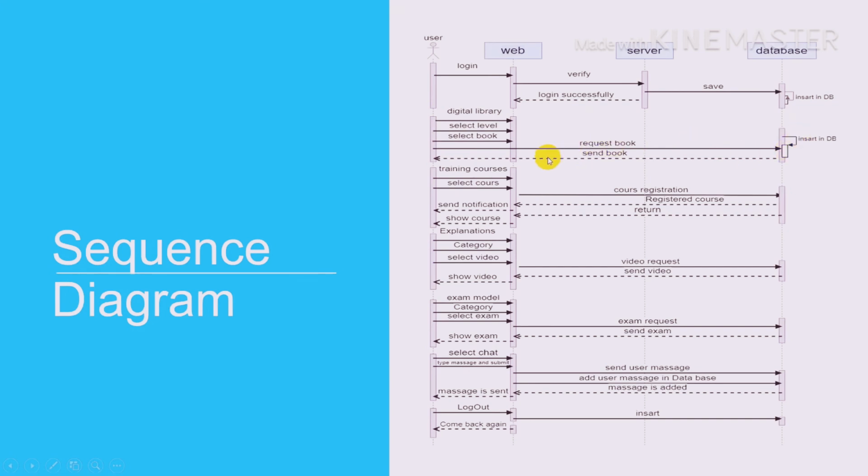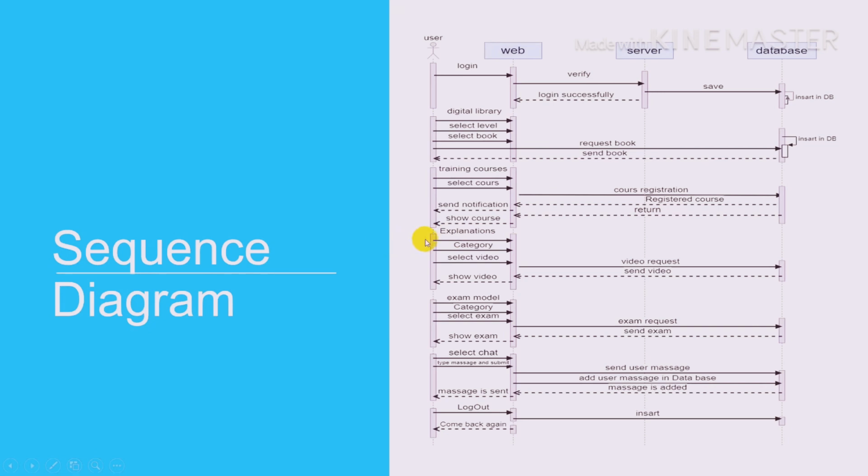If the training courses section is chosen, the required training is chosen so that the web page request is sent to the registration database for training. The registration confirmation is sent and the student is informed of that, after which training can be started.